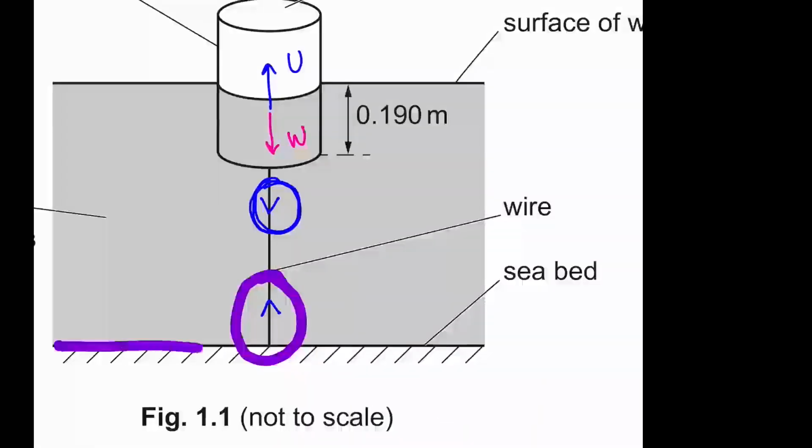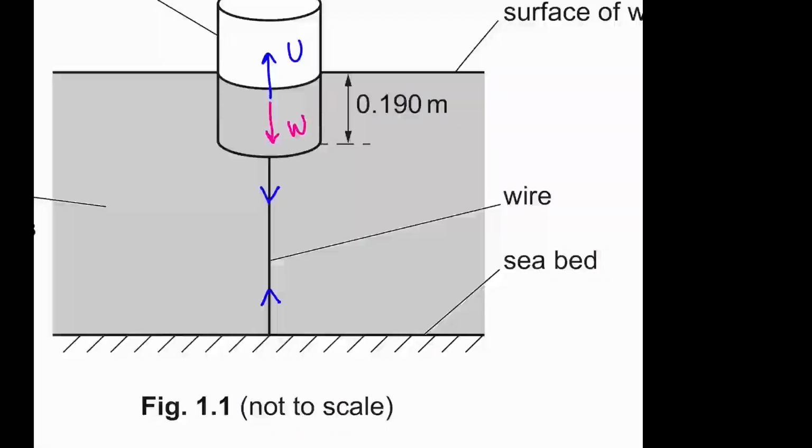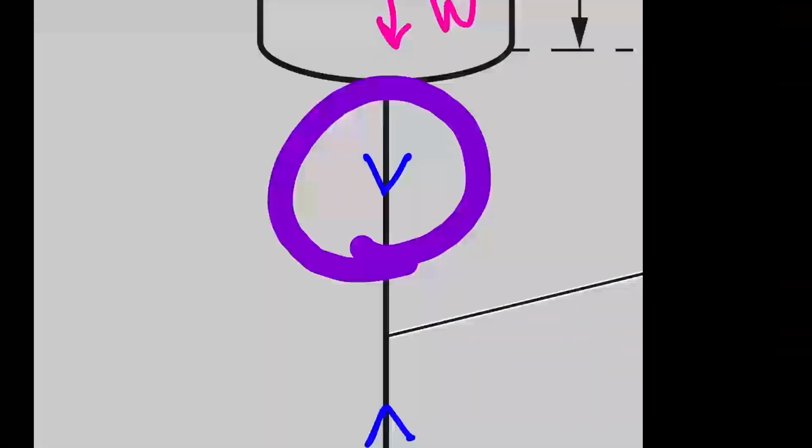This mark shows this is the seabed. This cable or string is attached to the seabed, right? So an upward force is acting on the seabed. Basically, this arrow says the force acting on the cylinder, and this arrow says the force acting on the seabed.